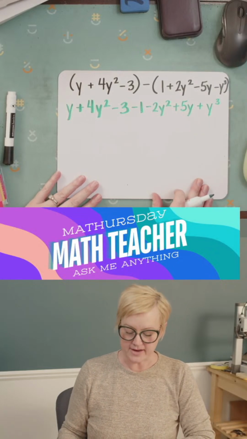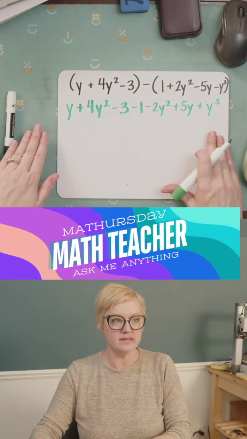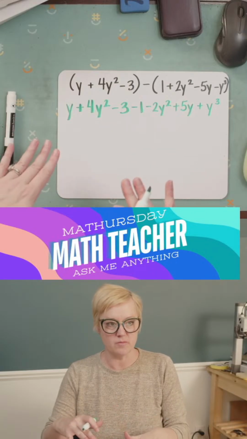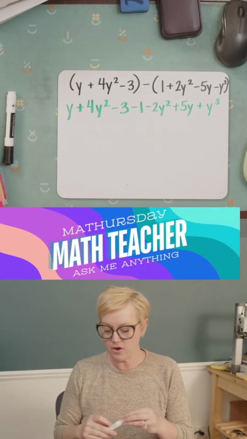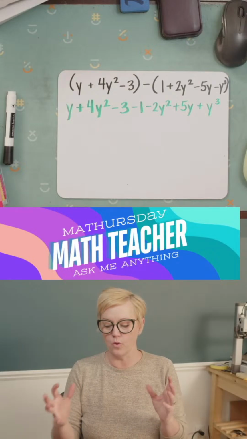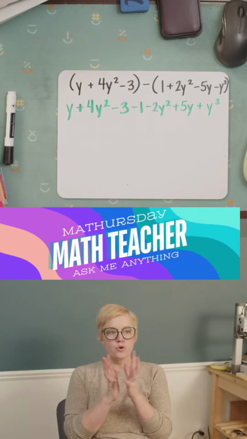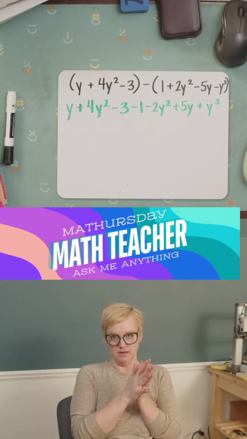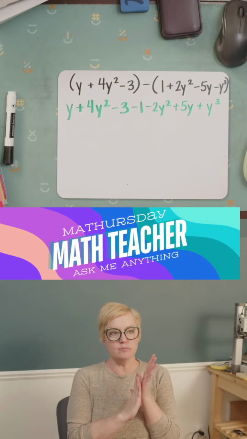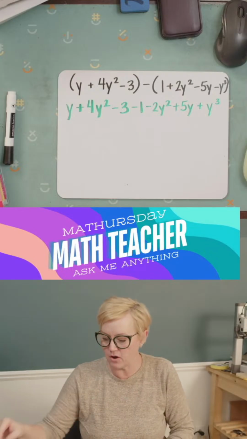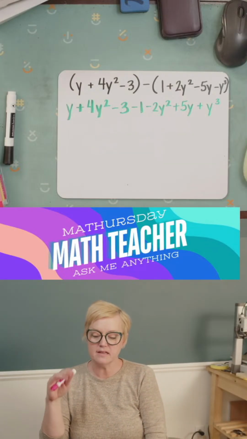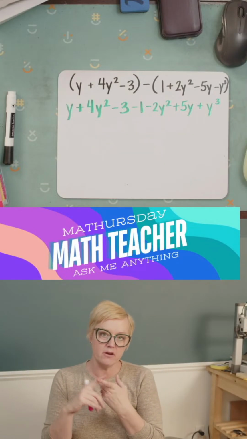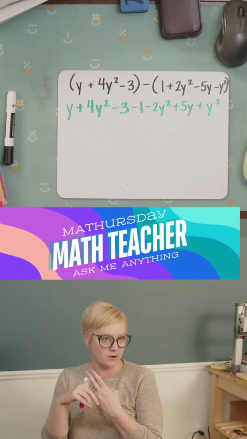Now I've got the negative distributed and all that. My goal is to organize these and group them by like terms. What makes a like term is it has to have the same variable to the same power.